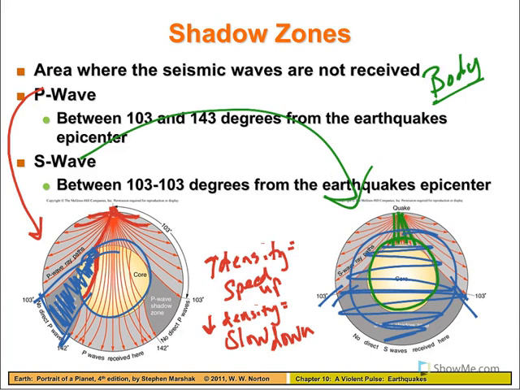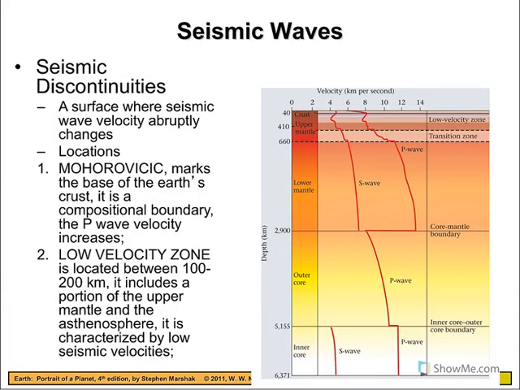Like I said, these seismic waves are really important because they're like an ultrasound inside the Earth. This is how we know where the other layers are as well, so let's take a brief look here. We call the spot where our seismic waves either speed up or slow down a discontinuity.